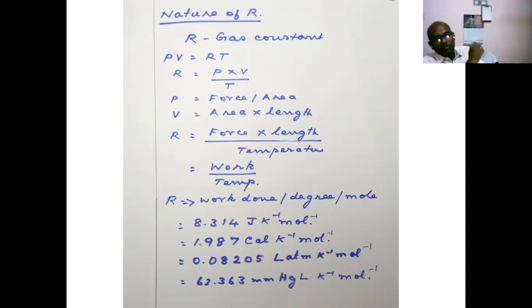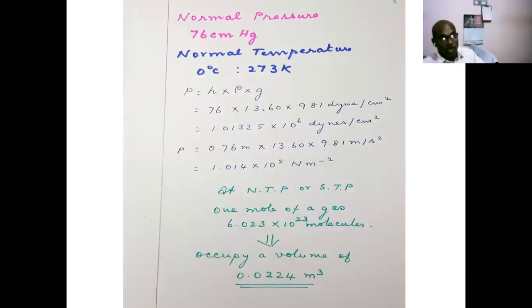So there are 4 different ways by which the R can be expressed. And also we have seen what is a normal pressure, normal temperature, and molar volume. It is 22.4 decimeter cube or 22.4 liter or 22.4 into 10 power minus 3 meter cube.